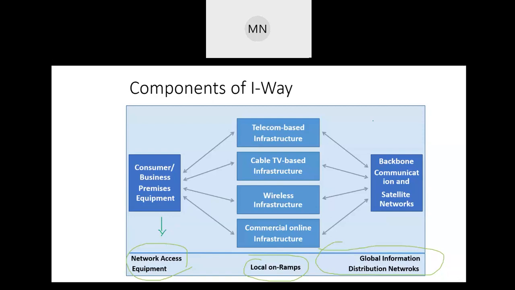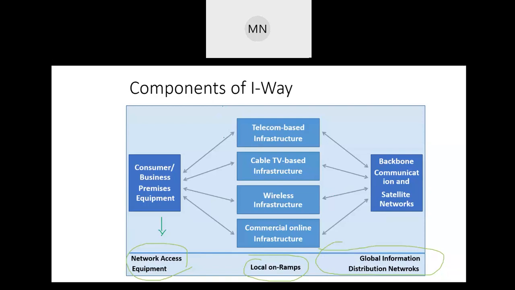And here, the backbone of the global information distribution network is the long distance satellite communication networks. These are the backbones for our global information distribution networks and all the other e-commerce applications. It is difficult for users to connect directly to this backbone network.